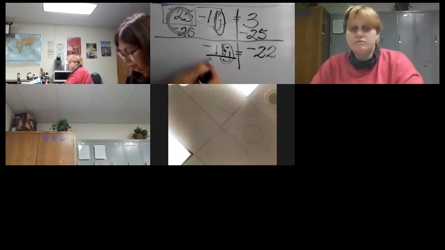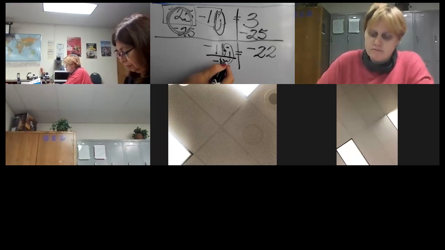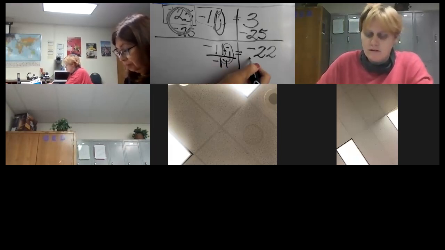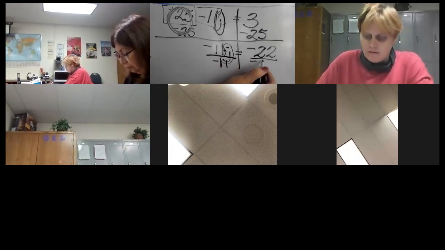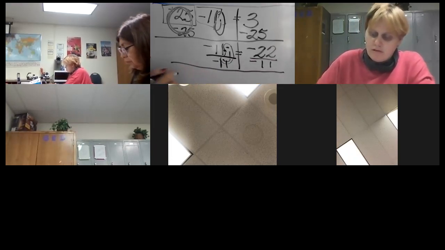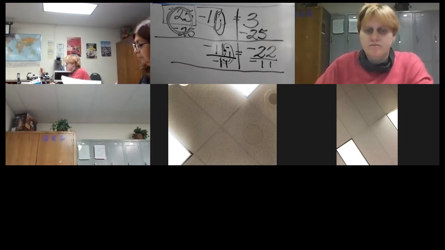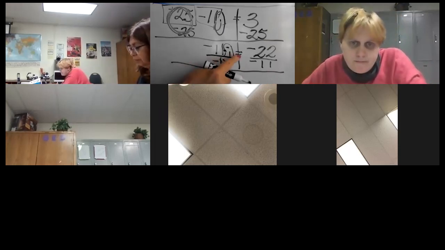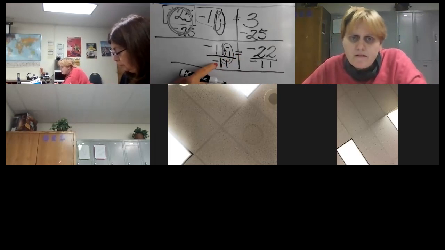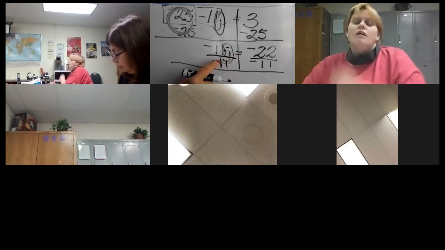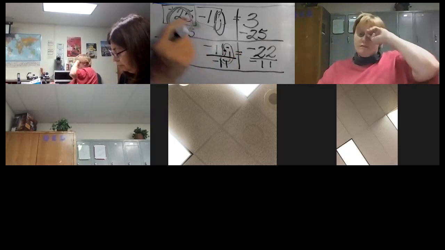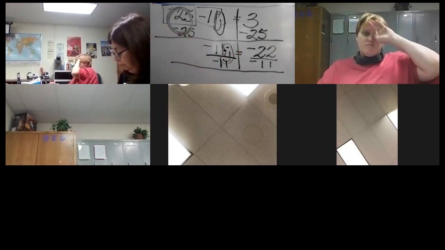So I've got to divide by a negative 11 and divide by a negative 11. Now, if this was an inequality sign, this would be where we change the sign, okay? Because we're dividing by a negative 11, but that doesn't happen in equals, okay?